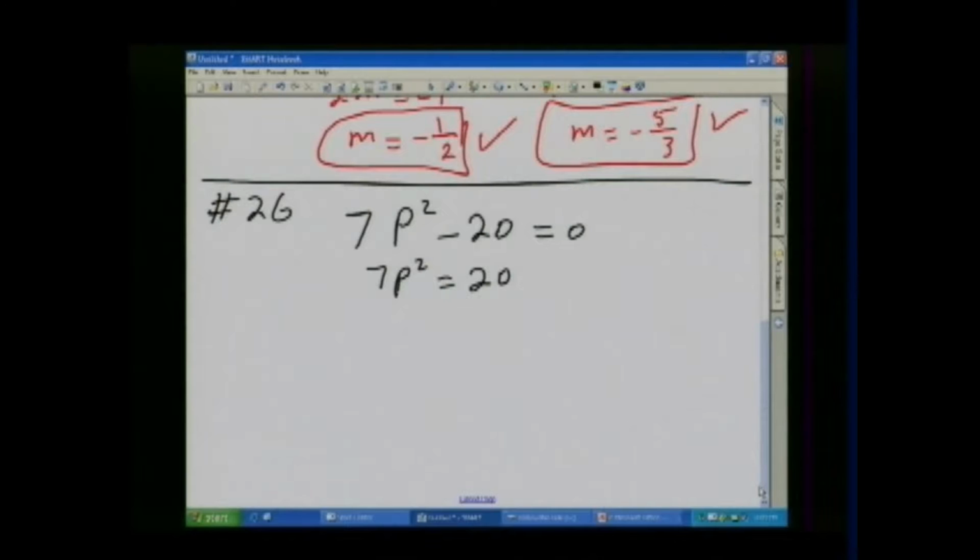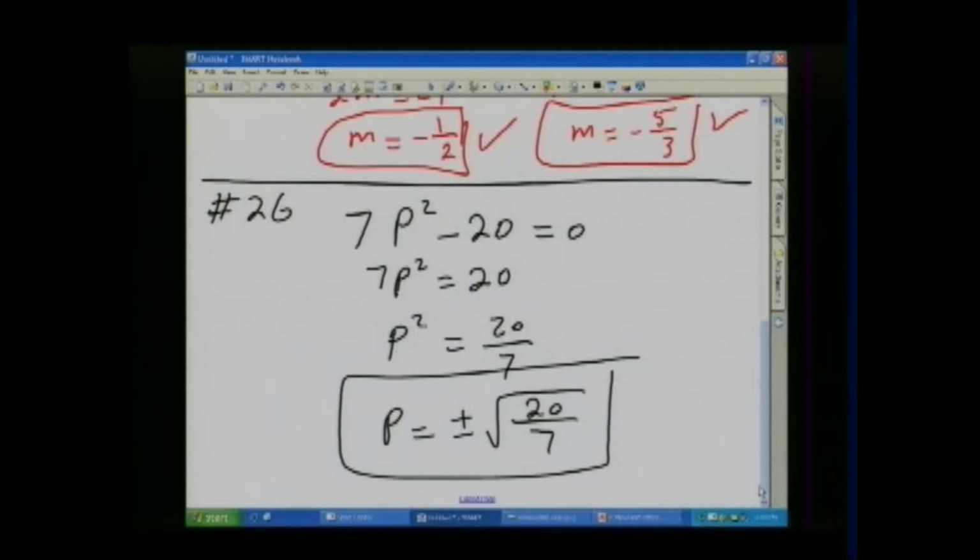And therefore, p squared would be equal to 20 divided by 7. Take the square root from both sides. That means p would be equal to plus or minus square root of 20 divided by 7. Whatever that number is, I'm not interested in. So we would have two answers, plus or minus square root of 20 divided by 7.